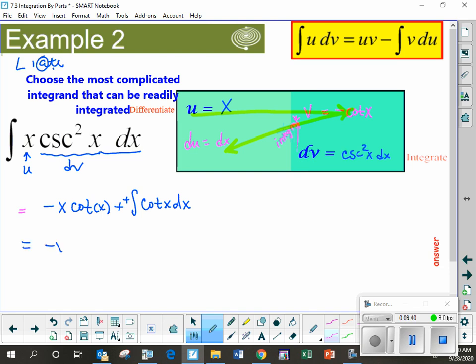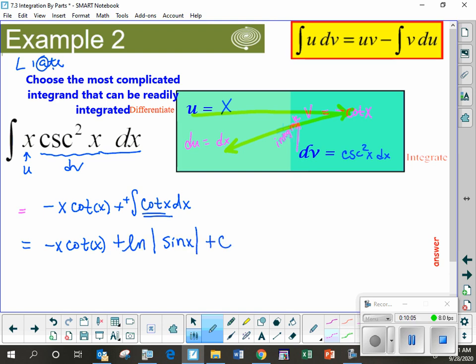Now, the first part is just fine. And are you a little bit worried? I'm a little bit worried. What is the integral of cotangent x? It's actually one that is on the memorization list for integrals, and it has an integral that looks like natural log absolute value of sine x plus c.